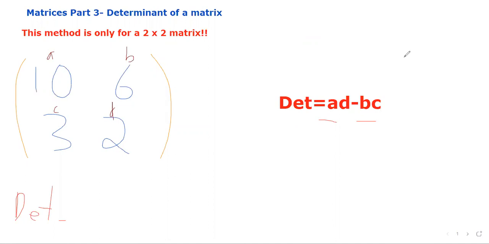The determinant is equal to AD minus BC. So the first diagonal AD is 20, minus B by C, which in this case is 6 by 3, which is 18. So the determinant will equal 2. Okay, and that is how to find the determinant of a matrix, AD minus BC.